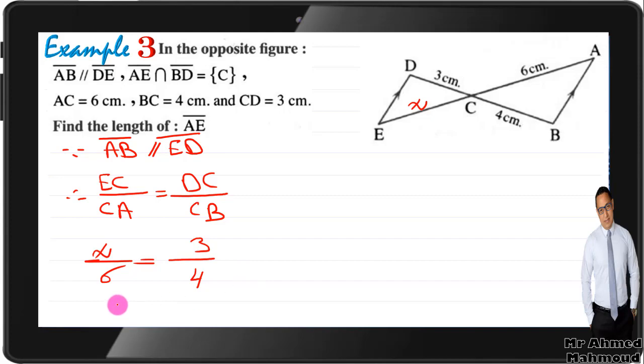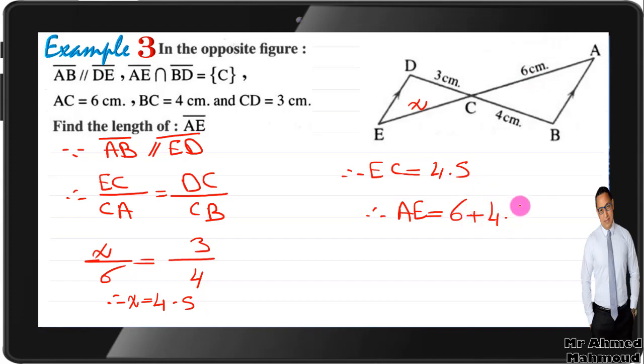So x equals 3 times 6 over 4 equals 4.5. This is x. Therefore EC equals 4.5, but he asked about AE, therefore AE equals 6 plus 4.5 equals 10.5.